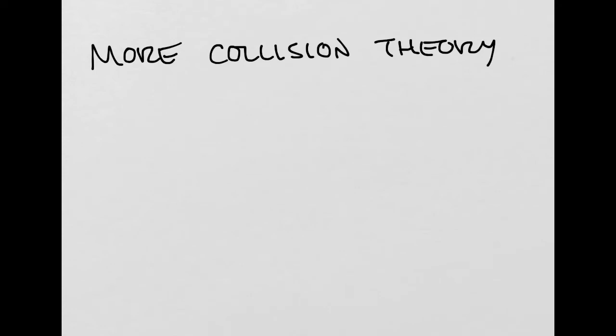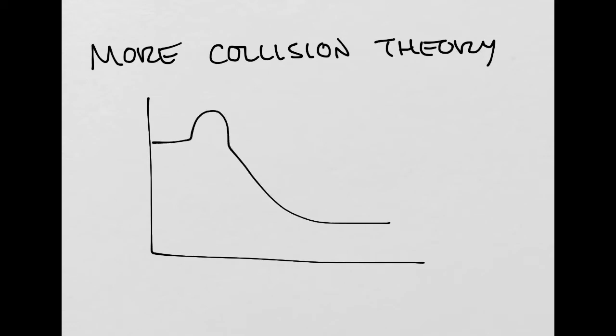All right, so today we're going to continue our discussion of collision theory. If you recall from yesterday, we had a graph that looked something like this, although I just made it look a little bit wonky, where we had reactants here and then the products here. This was energy, this was time or progress of the reaction, low energy, high energy.